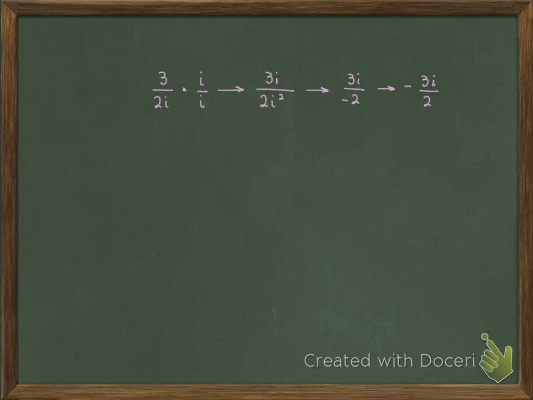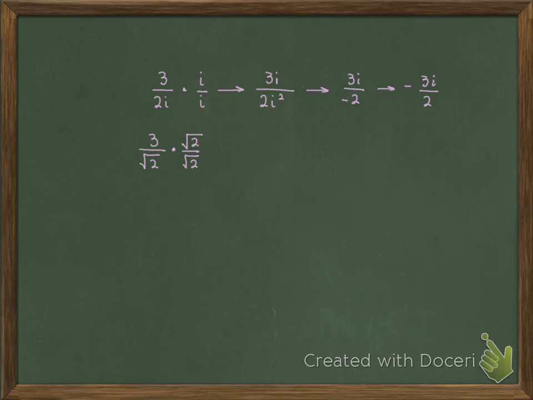Okay? The same thing goes for radicals in the denominator. We would need to rationalize away that square root or radical in the denominator by multiplying by that radical over itself.